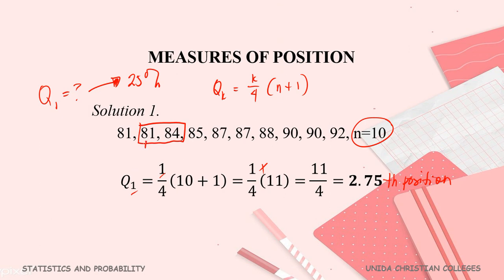Kasi ito yung pang second, ito yung pang third. At 2.75. So, anong sunod mong gagawin ngayon? Interpolate po natin yung ating nakuhang sagot sa position. Between 81 and 84. So, let's interpolate po.